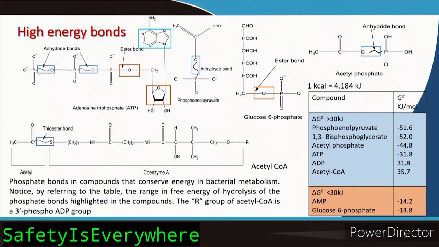So you have ATP, you have phosphoenol pyruvate, you have acetyl phosphate, and you have acetyl-CoA. So we will be looking at all of these compounds when we try to understand how energy is generated by the bacteria or other organisms in various redox reactions.